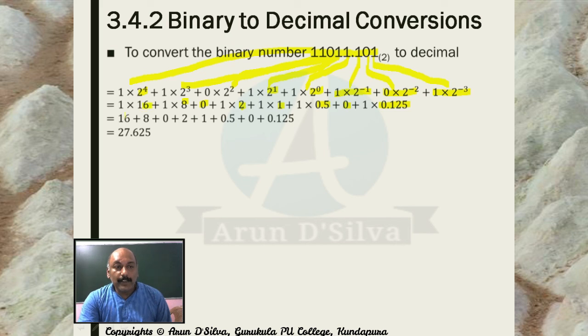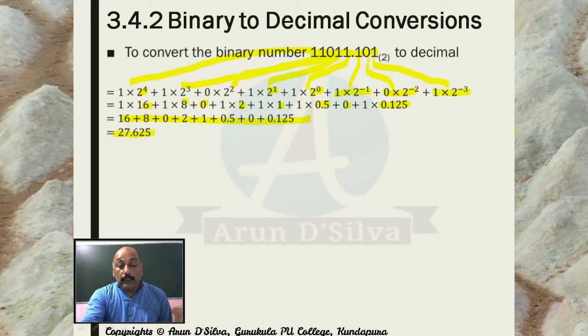Now 16 into 1 is 16, 8 into 1 is 8, 0, then 2, 1, 0.5, 0, and 0.125. If you add and take the sum of this, you will get 27.625.